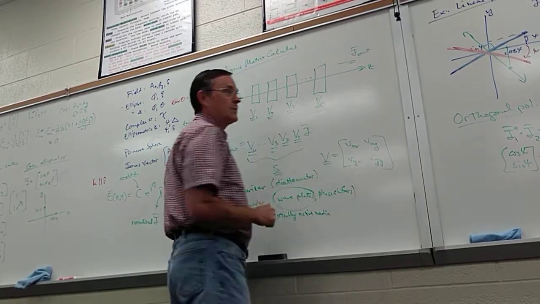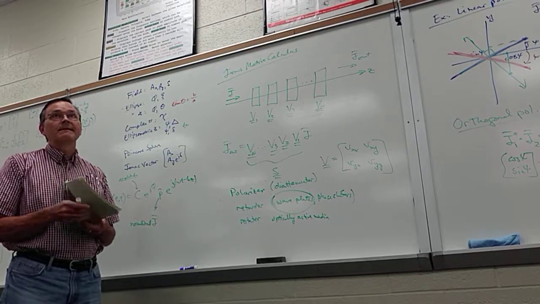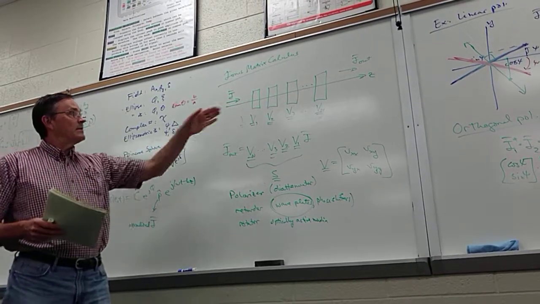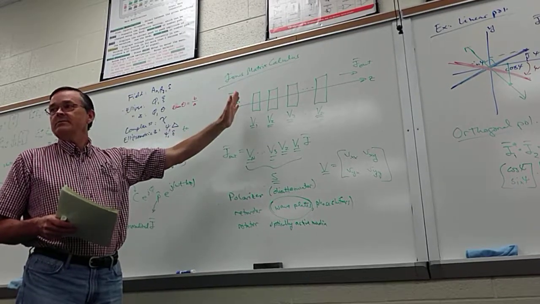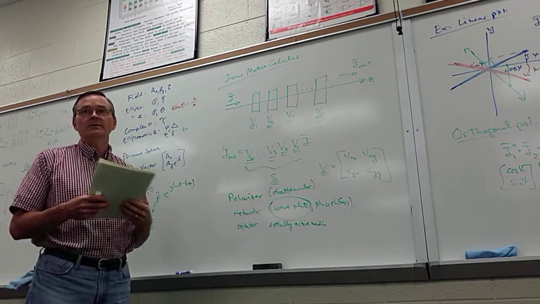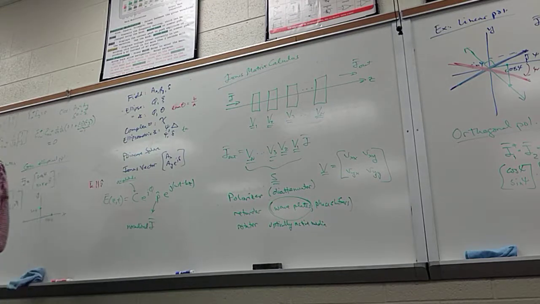So we need to figure out what those four elements are for these guys. And then what gets fun is when we take those elements and we rotate them, because then we've got to do rotation matrices to keep all the coordinate systems straight. But it turns out that's really useful to do too.